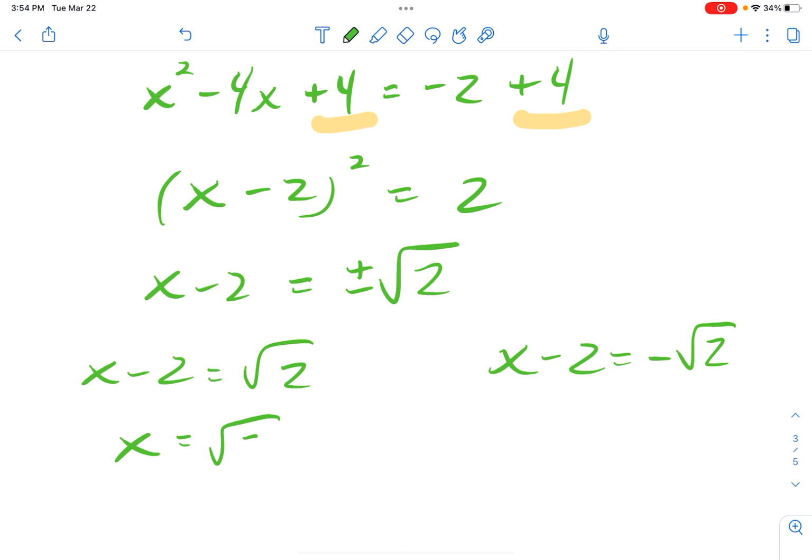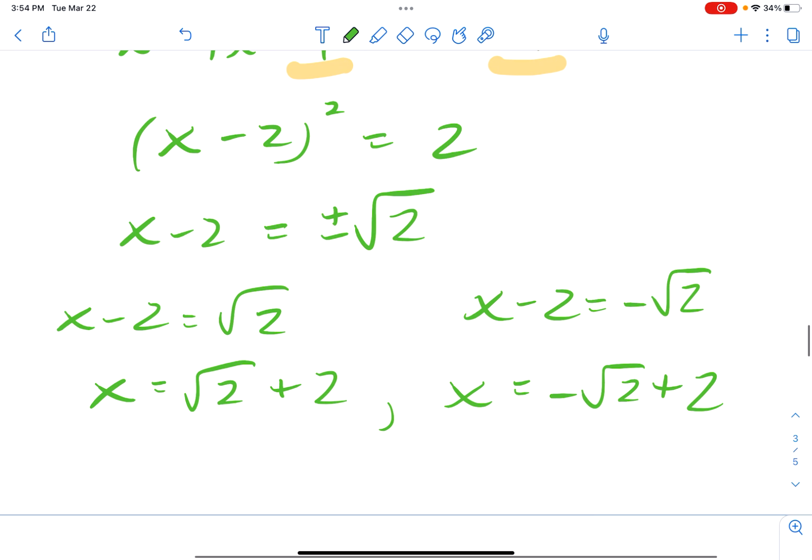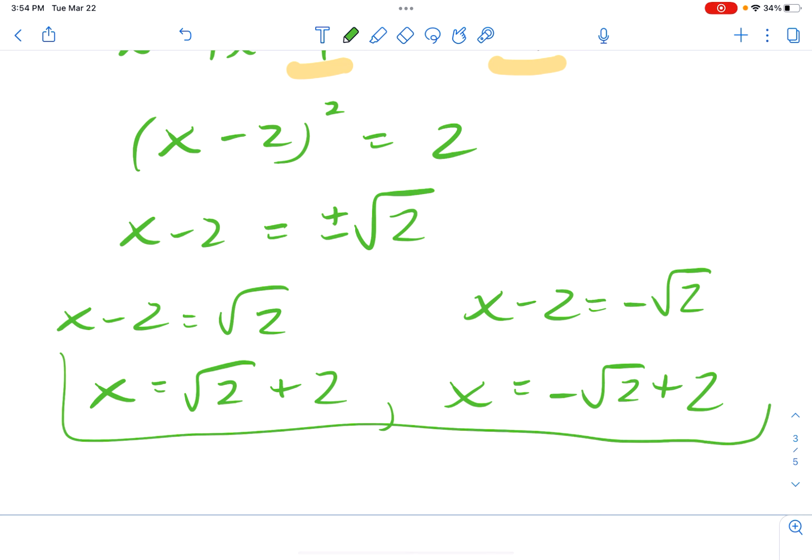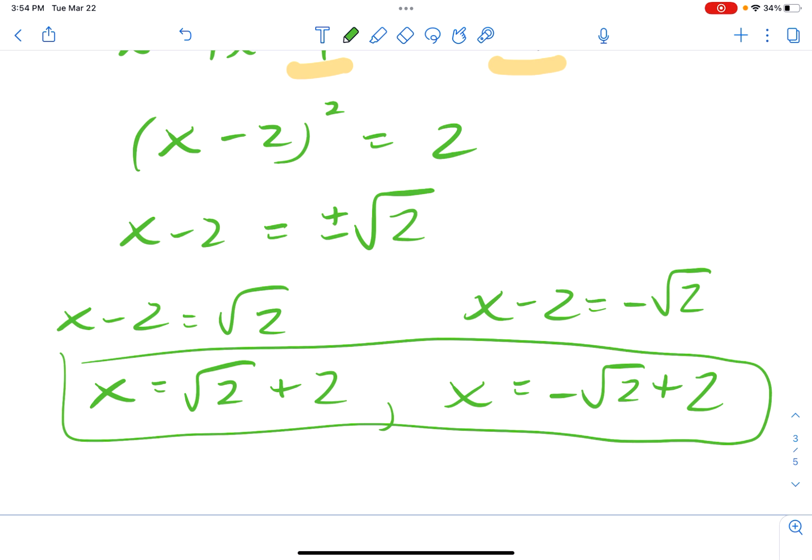So x is root 2 plus 2, and that's about 3.4. Or x is negative root 2 plus 2, and that's about 0.6. We're getting answers we couldn't have gotten by factoring. Factoring doesn't produce these irrational radical expressions. So this is a method that's a little more powerful.